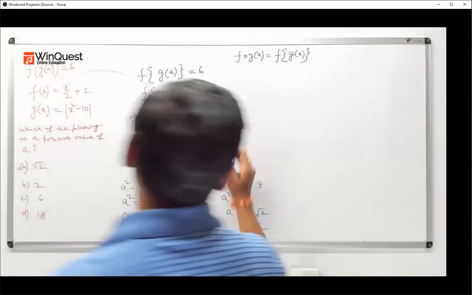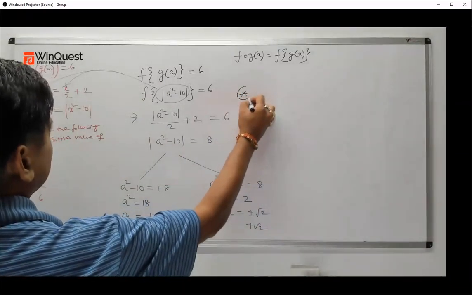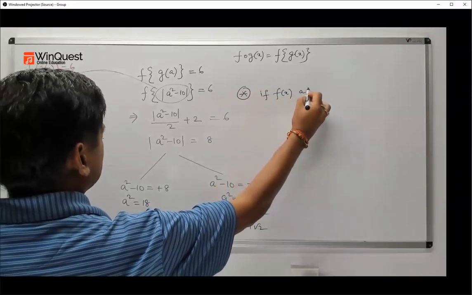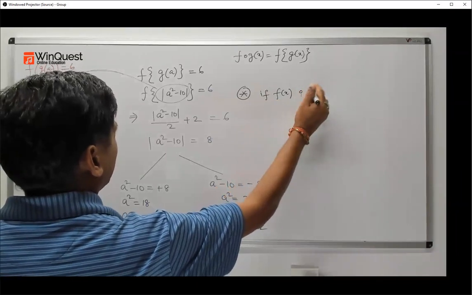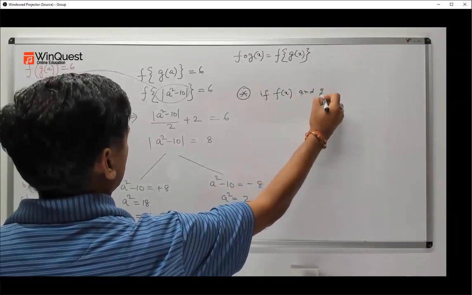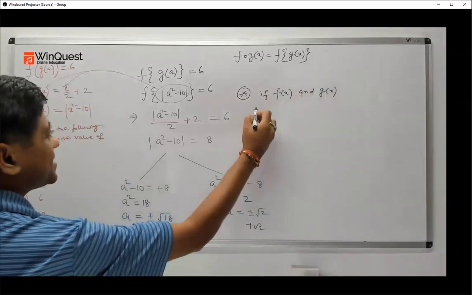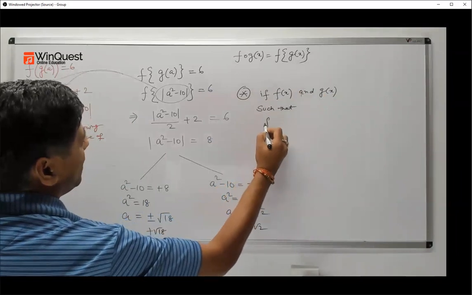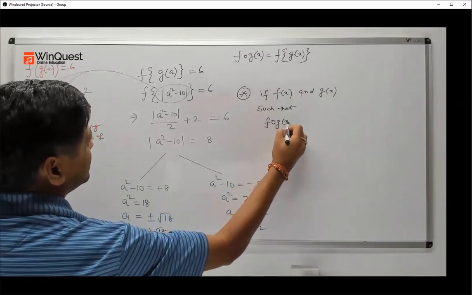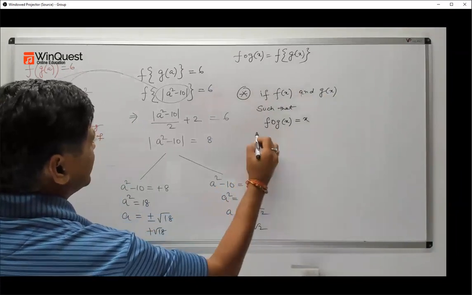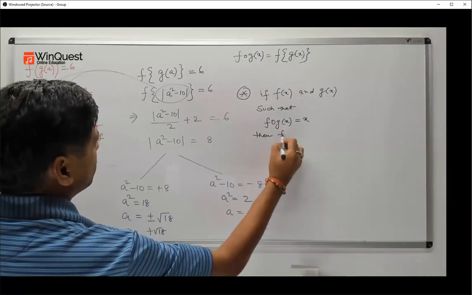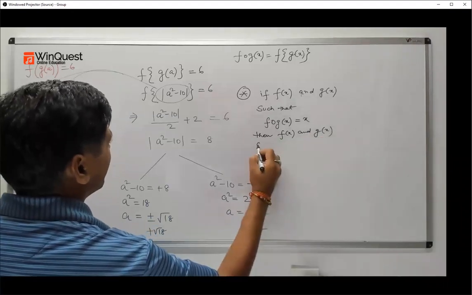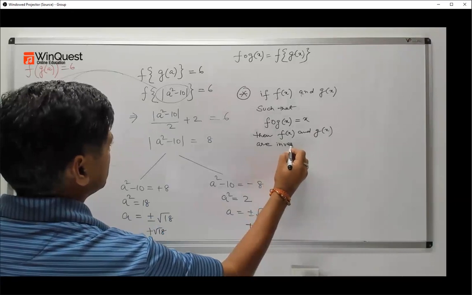The rule says if f(x) and g(x) are two functions such that f(g(x)) equals x, then f(x) and g(x) are inverse functions.